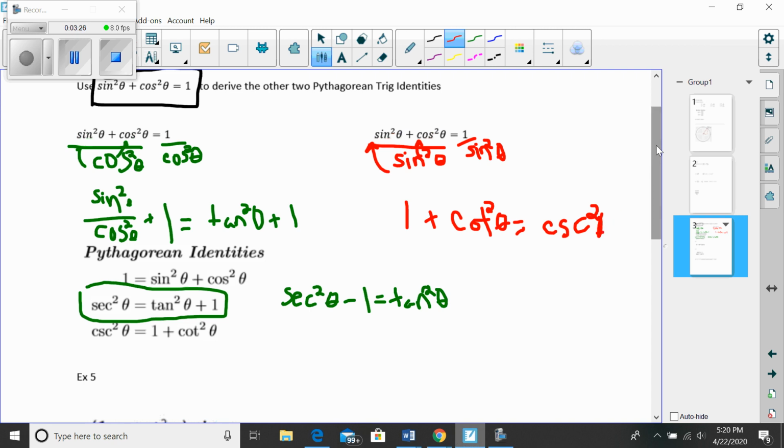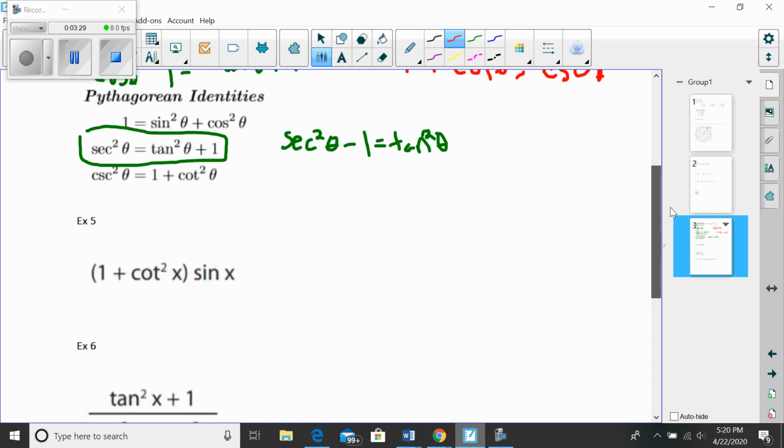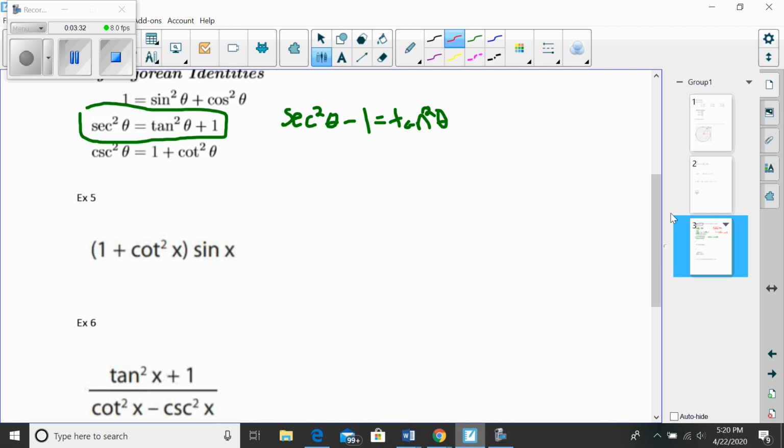So let's try using these to simplify expressions. First example is pretty easy. Why don't you try that? I have something I can replace with its equal, and then I just have to simplify. So I replace the expression 1 plus cotangent squared x with its equal, which is cosecant squared x, times sine.